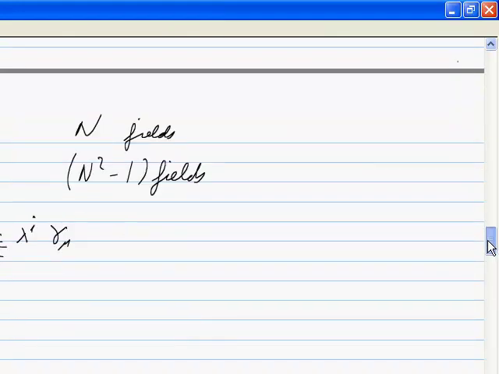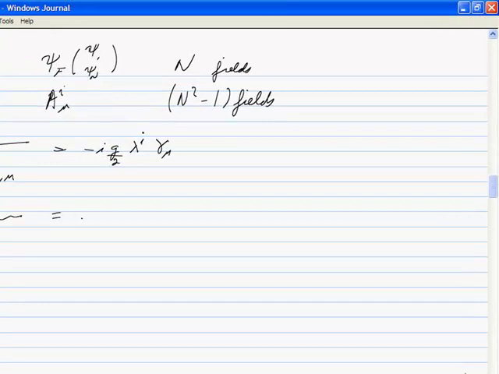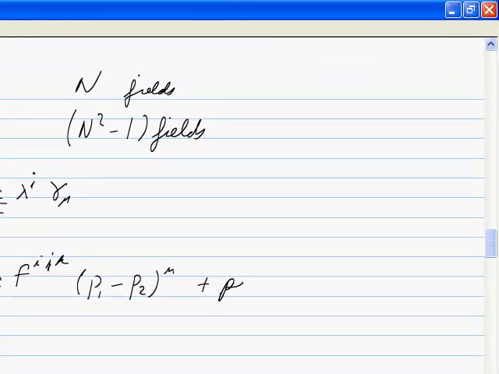The 3 fields one then looks like minus i g f^{ijk}, and just to be safe, I won't label things so that I can't be wrong, plus permutations.